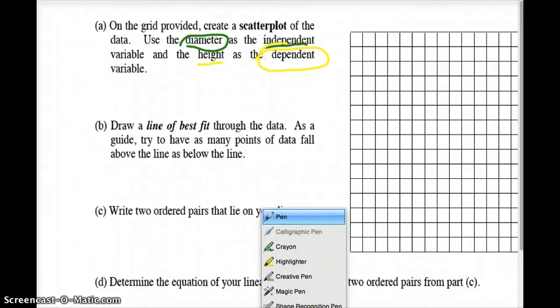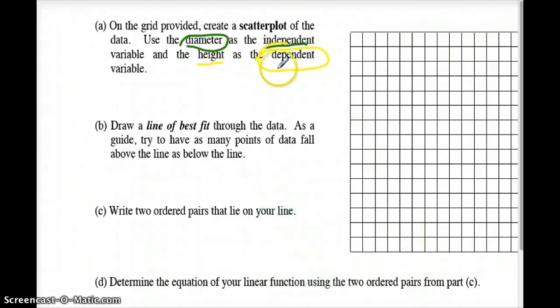They're telling you diameter is the x-axis and height is the y-axis. So we're going to label our graph diameter for the x-axis.